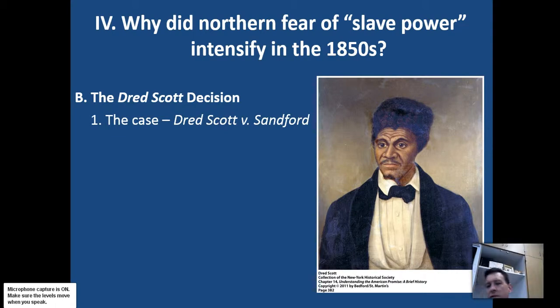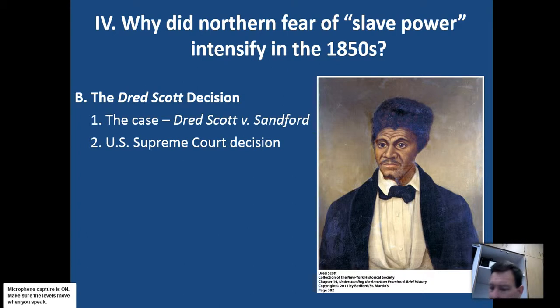So the question is, can a slave owner take somebody to a free state, and is that person then still a slave, or are they property? Well, the U.S. Supreme Court made a decision that basically said Dred Scott is not a citizen of the United States, therefore he can't legally claim his constitutional rights.